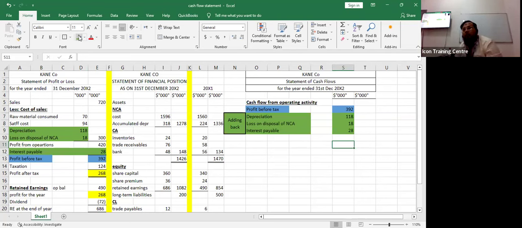Whatever those expenses against which we did not make any kind of payment, we have to add back in the statement of cash flows. Now we are 100% sure that against depreciation, we did not make any kind of payment. So we add back. We are 100% sure the loss on sales of tangible assets, we did not make any kind of payment, we will add back. And again, the interest expense, we do not pay anything, we'll add back.